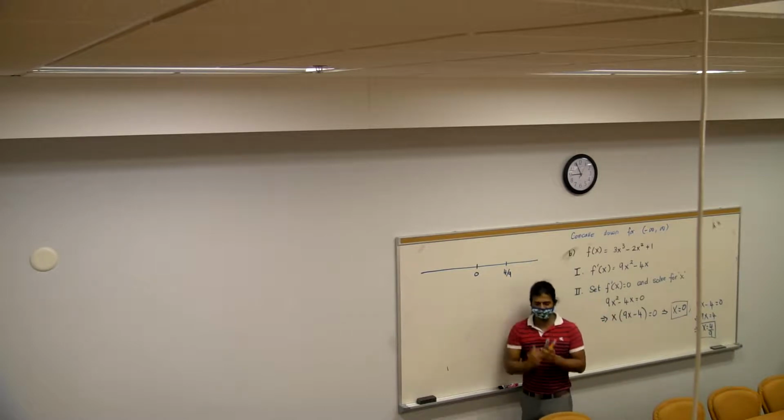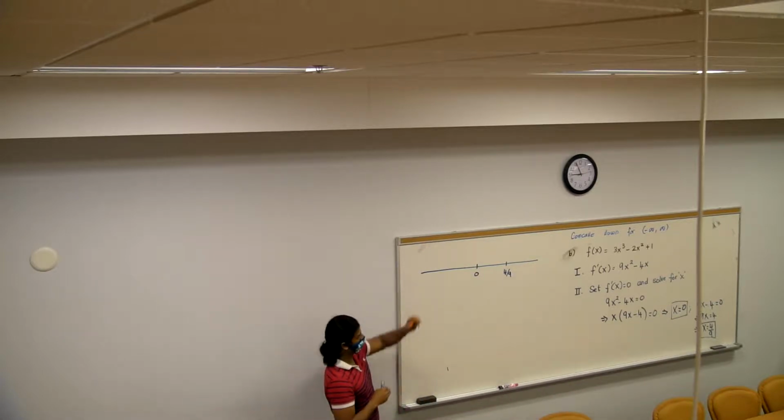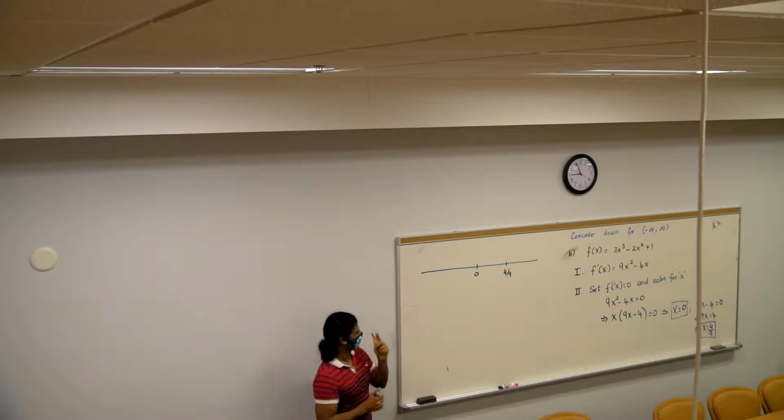Give me an easy number below 0. Negative 1. And where should we plug in that negative 1? In the original function or the derivative? The derivative.